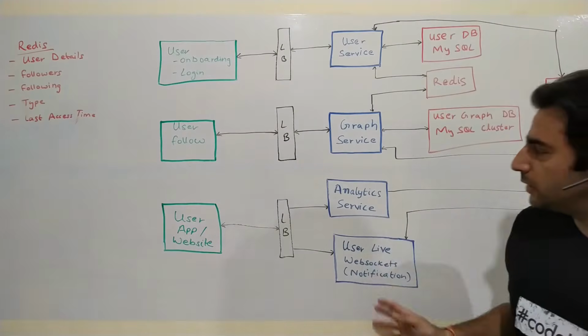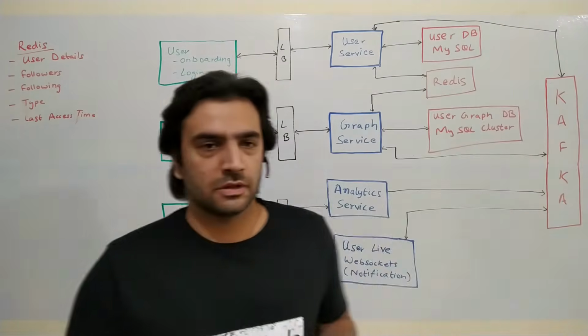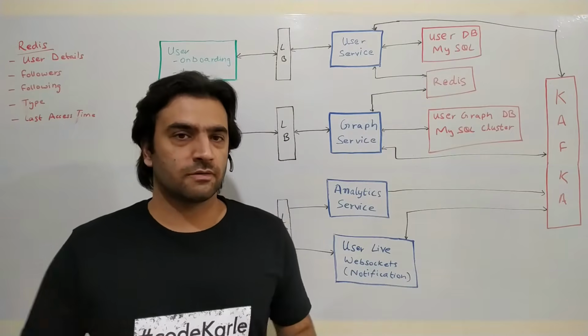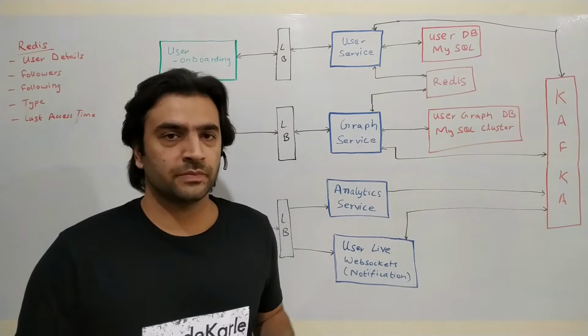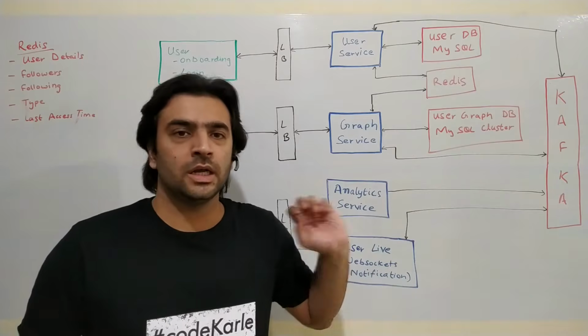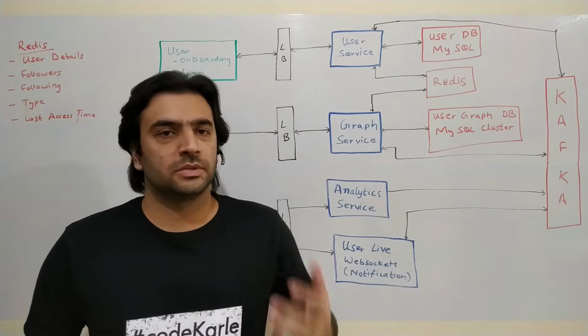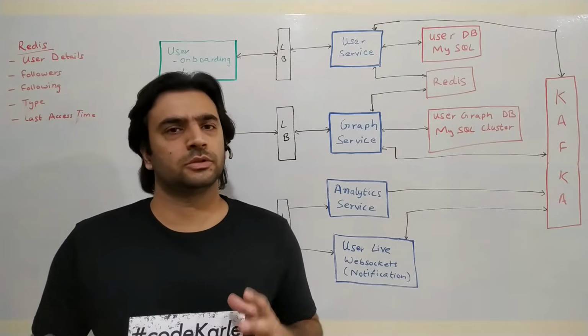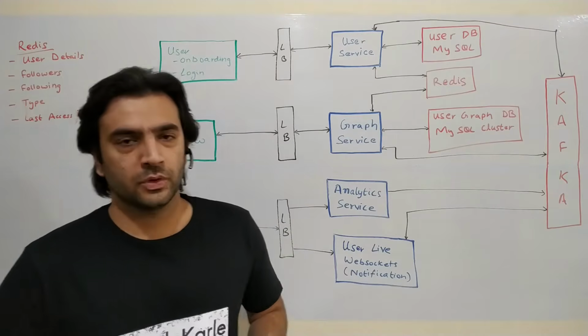The things in blue that you see here are the REST services or the web services or the Kafka consumers that we've written on our own. The things that are in red are either some clusters, some databases, or some open source tools that we have used. Okay.